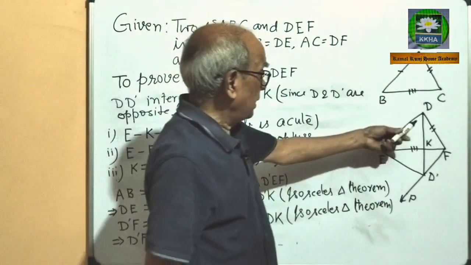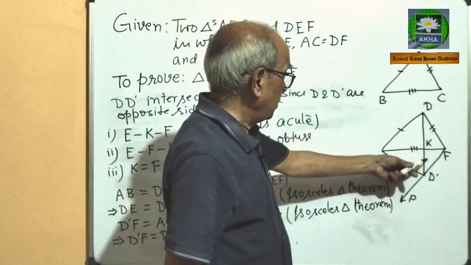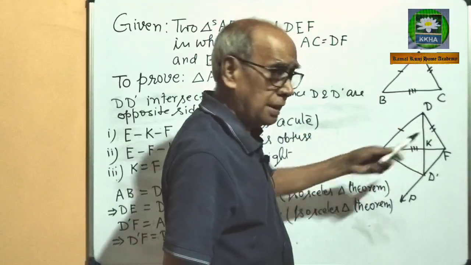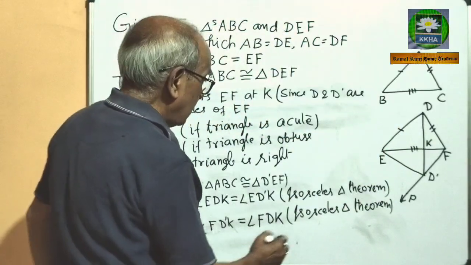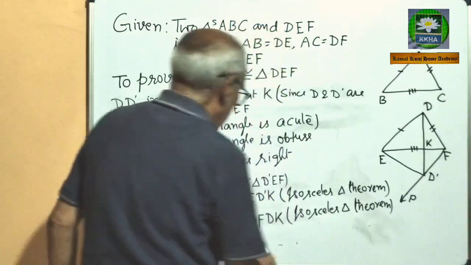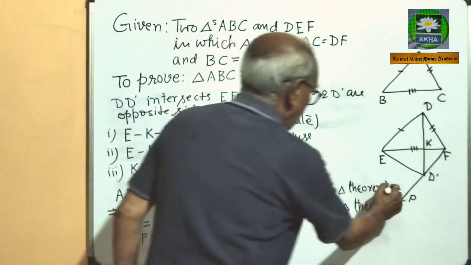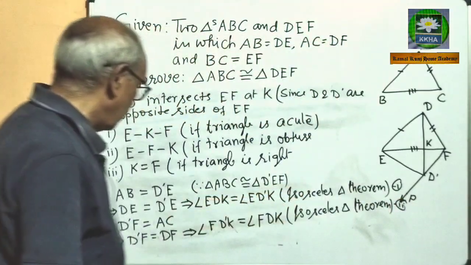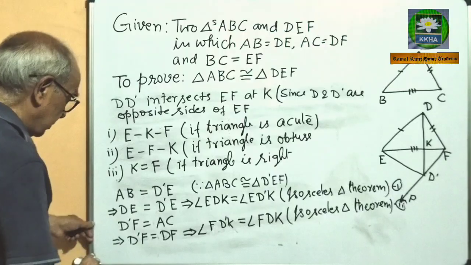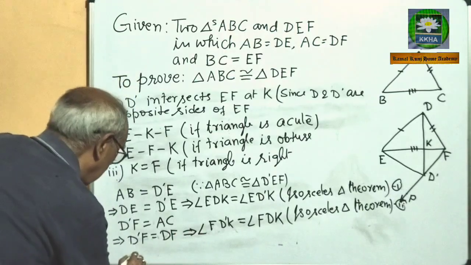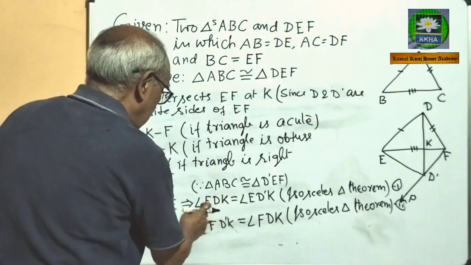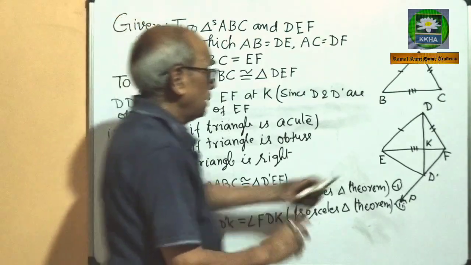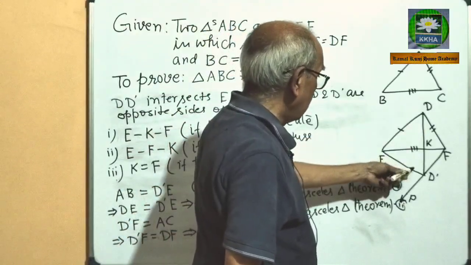So we proved that this angle is equal to this angle and this angle is equal to this angle. Therefore, the sum of these angles will be equal. Suppose these are 1 and 2.